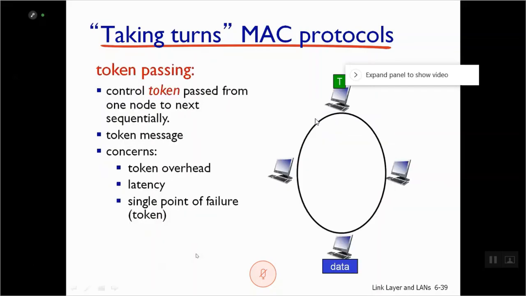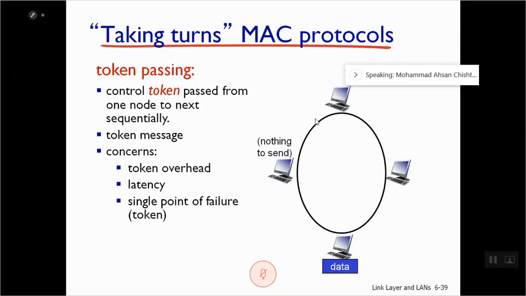The next taking turns protocol after the polling protocol is the token passing protocol. It's shown in the figure here. There is no master-slave relationship. The nodes are all, let's say, in a ring, in a circular fashion.